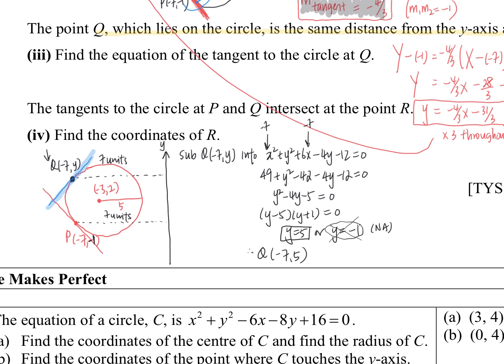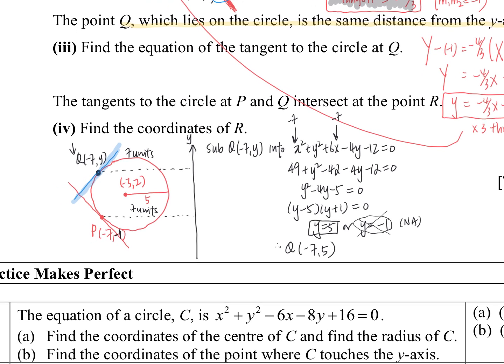Once you are done with Q, you need to find the gradient of this line first. Same thing, gradient of that green line is y2 minus y1, this one is 5, right? And then x2 minus x1. You end up having negative 3/4.